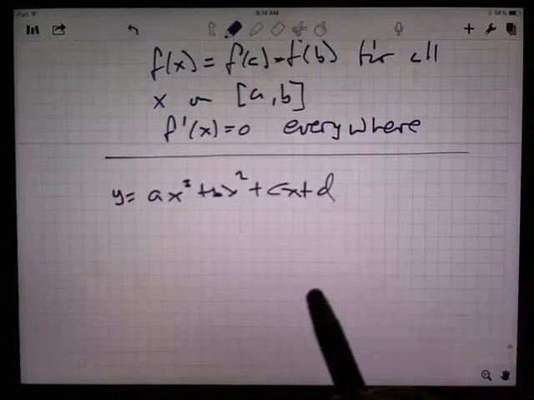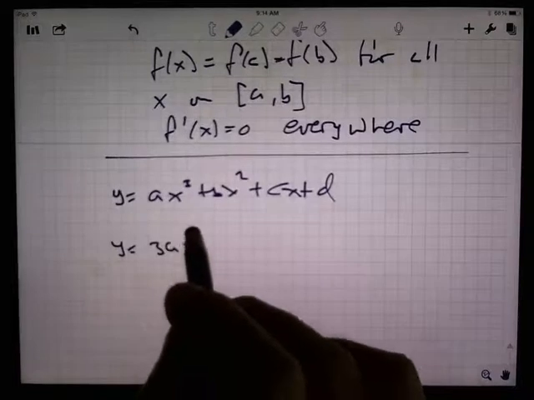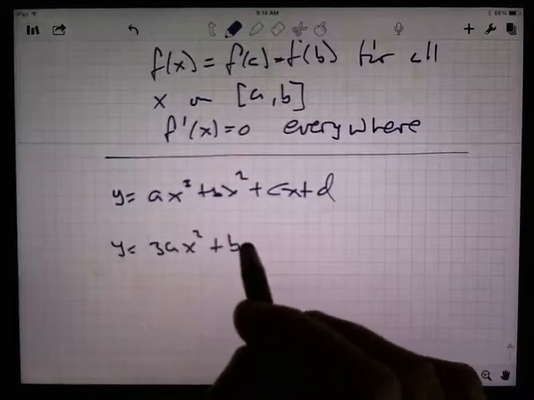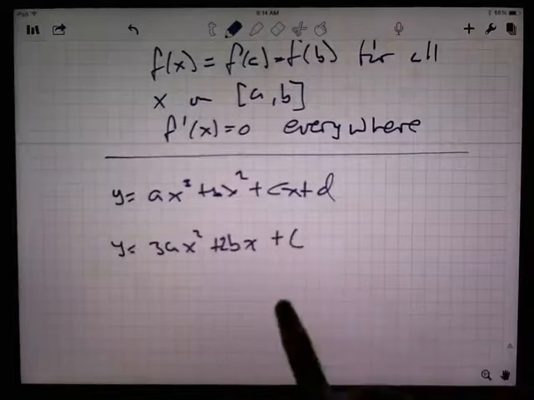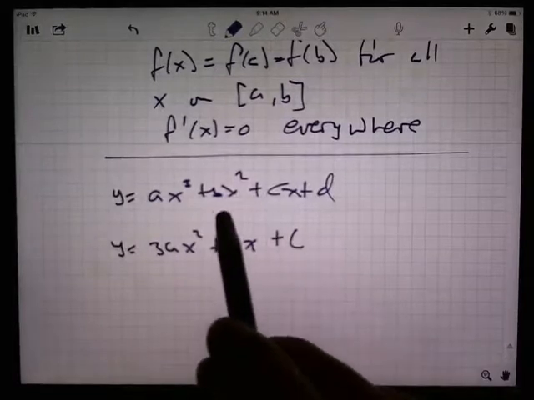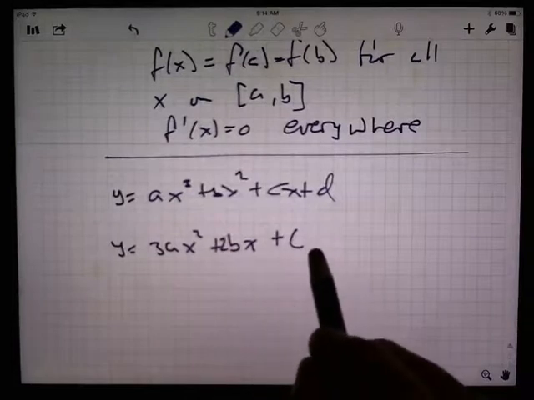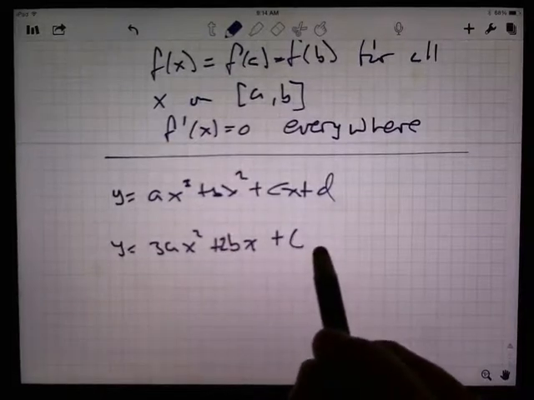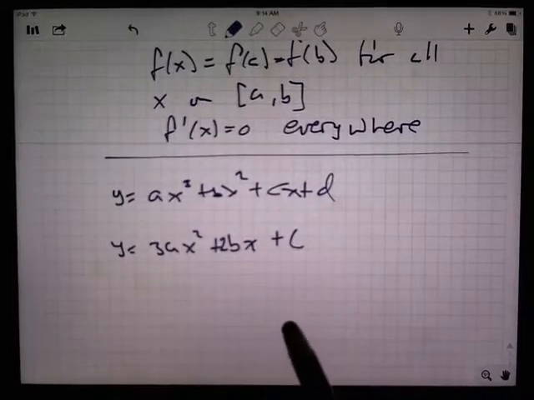And then he'd define this other polynomial as 3ax squared plus 2bx plus c. Is that 2b or not 2? No, it's 2b, okay. So he didn't call this the derivative. This was just this other polynomial.